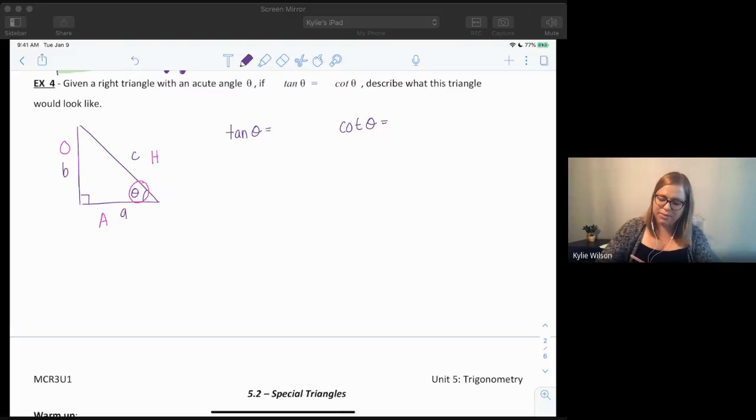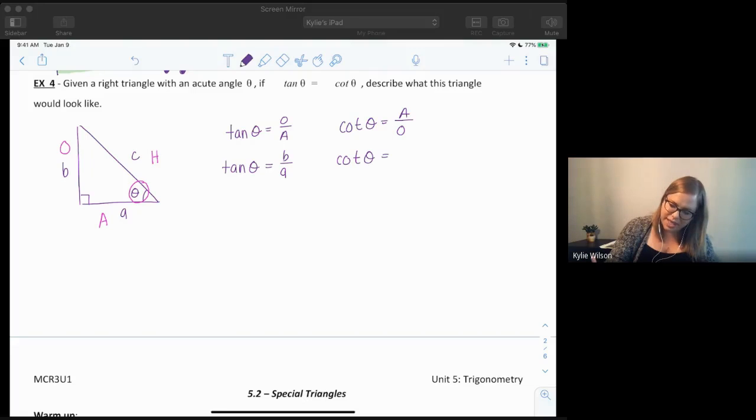So now we'll have tan theta is opposite over adjacent, so tan theta is equal to B over A. And then for cotangent theta, I'm going to have adjacent over opposite. So cotangent theta is equal to A over B, like that.